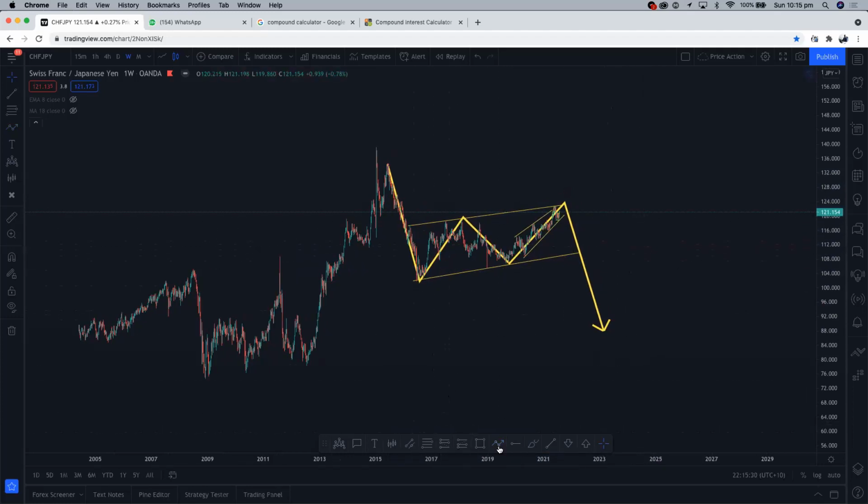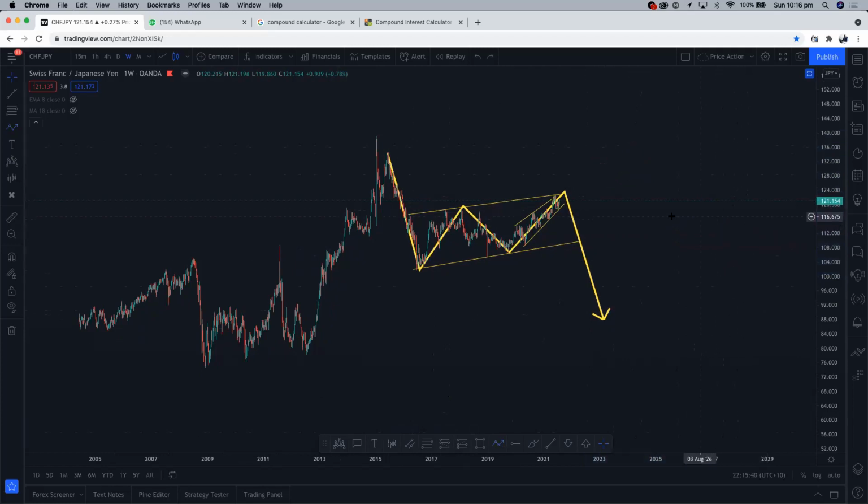So this is how price moves. Impulse, correction, impulse, correction, impulse, correction. So currently we have price at this top. So I'm expecting a move down.